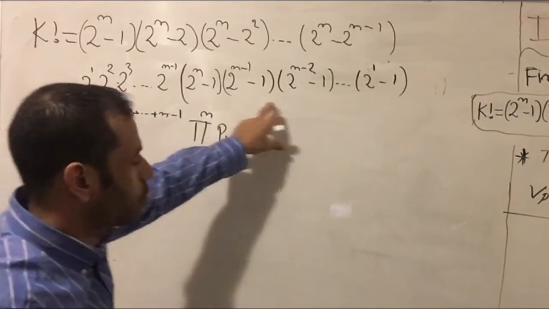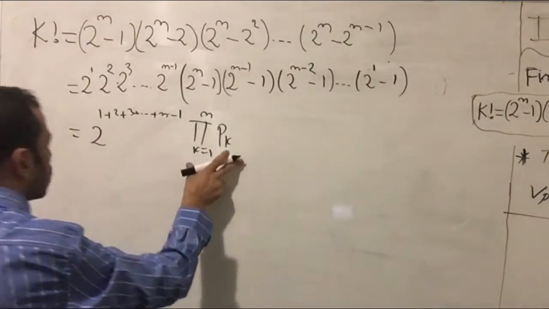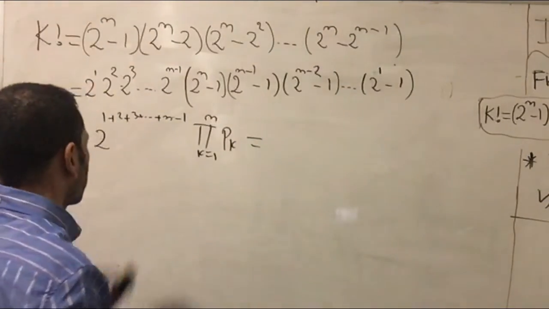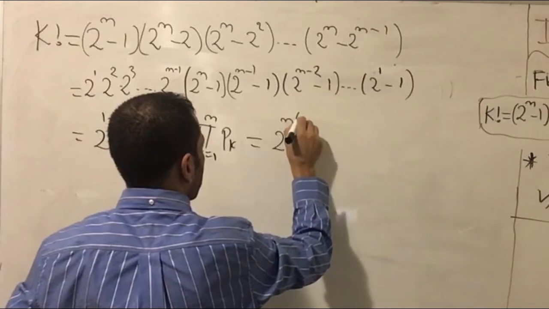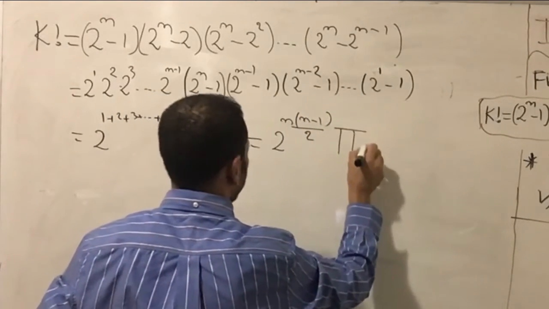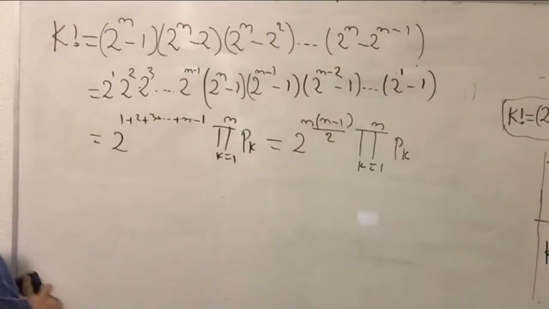I don't care about this term, I'm just putting it like this, it could be anything. I will have a nice arithmetic expression, so this one is n(n−1)/2, product of p, k goes from 1 to n.